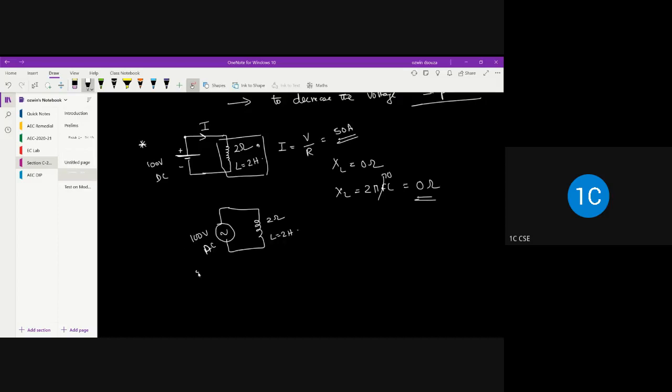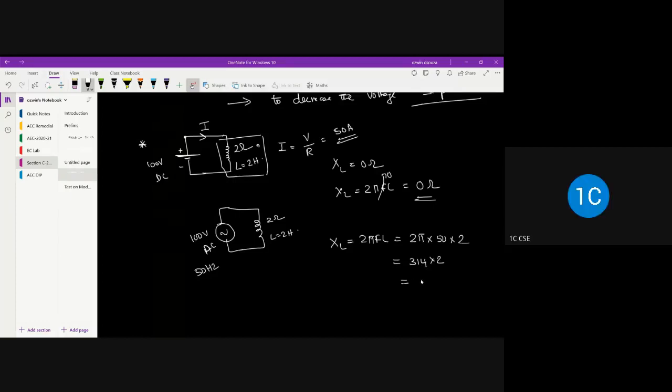When you consider the frequency, there will be some reactance, and that reactance is 2 pi FL. So that is 2 pi into 50 into 2. How much will you get? 2 pi F is 314, so 628, into 2.